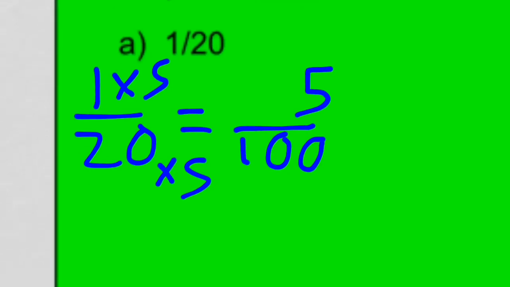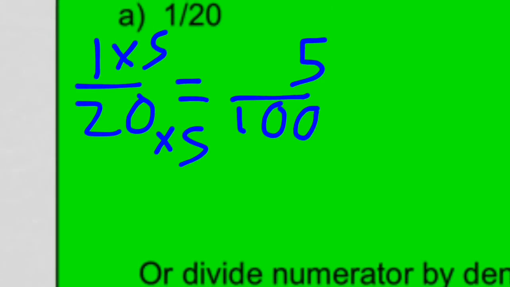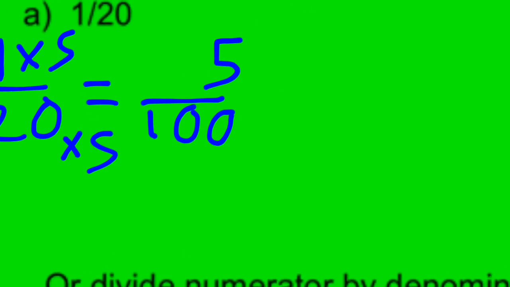Now, once I have the fraction out of 100, that is happy times, because the 2 zeros on 100 tell me how many decimal places I will need. I will need 2 decimal places. Since it's 5 out of 100, I'm going to put that 5 in the hundredths spot. This spot right here is the tenths.